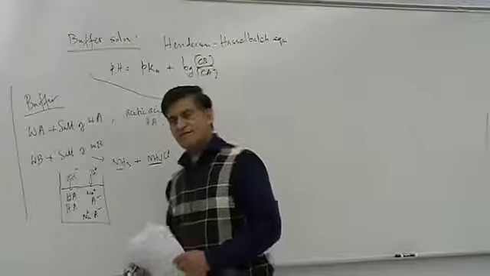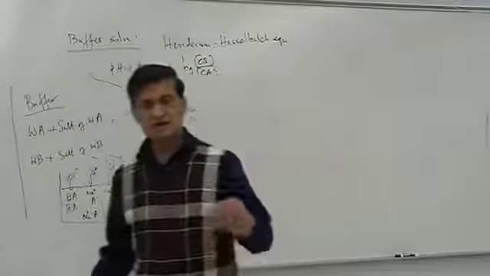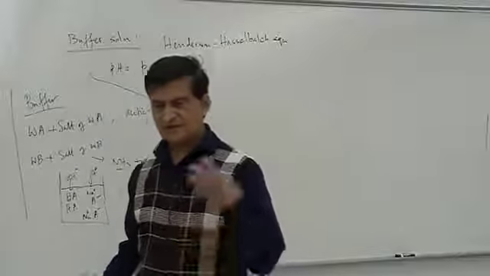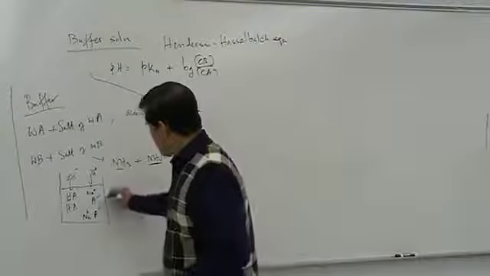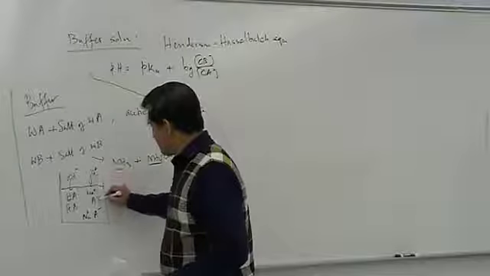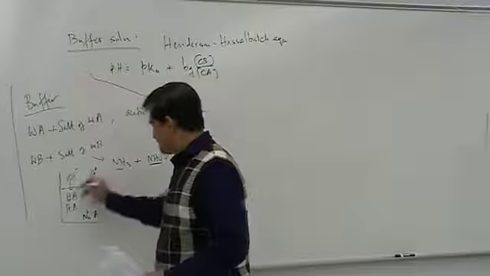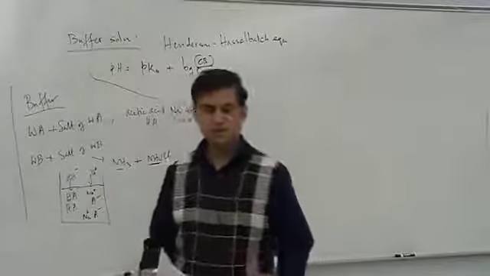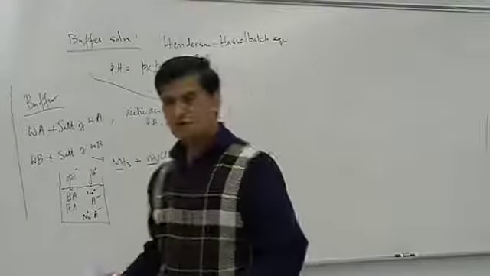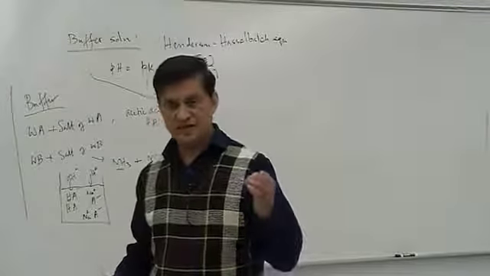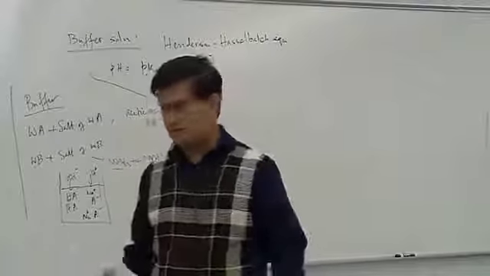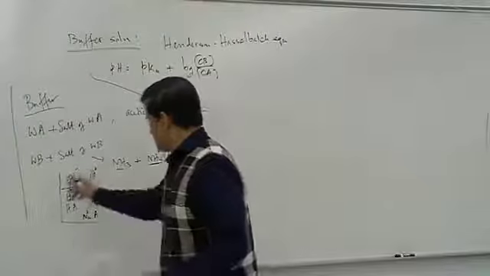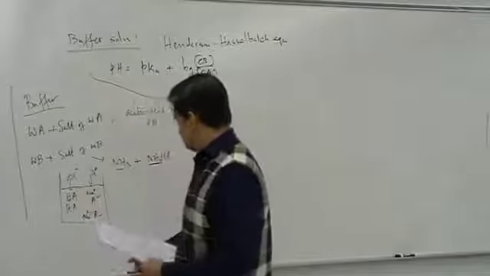So even though you're adding an acid, you do not see the effect of an acid because there is something grabbing that H+ quickly. So A- is going to grab H+ and become HA. As long as this happens, there will be no change in pH, because in order to have a pH change, you must have additional H+ or additional OH- in the solution. But in this case, it cannot happen.